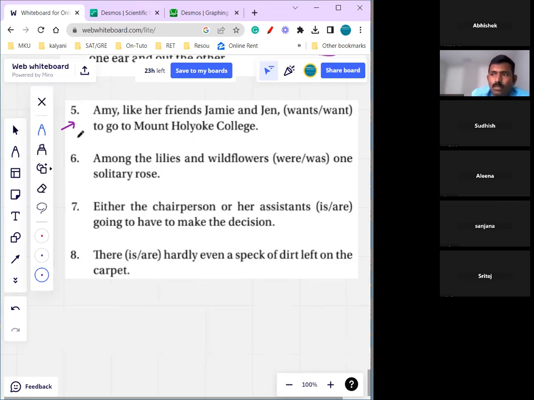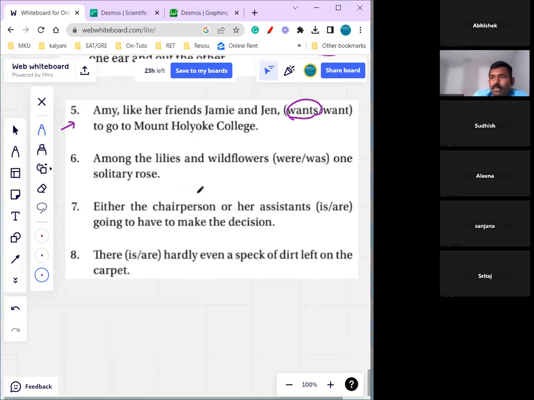Let's go one by one. Abhishek, why did you put "wants"? Can you explain your reasoning? Because Amy is singular. That's correct. So in this case, "wants" is the right answer. Amy is singular, so that way we can put that up there.